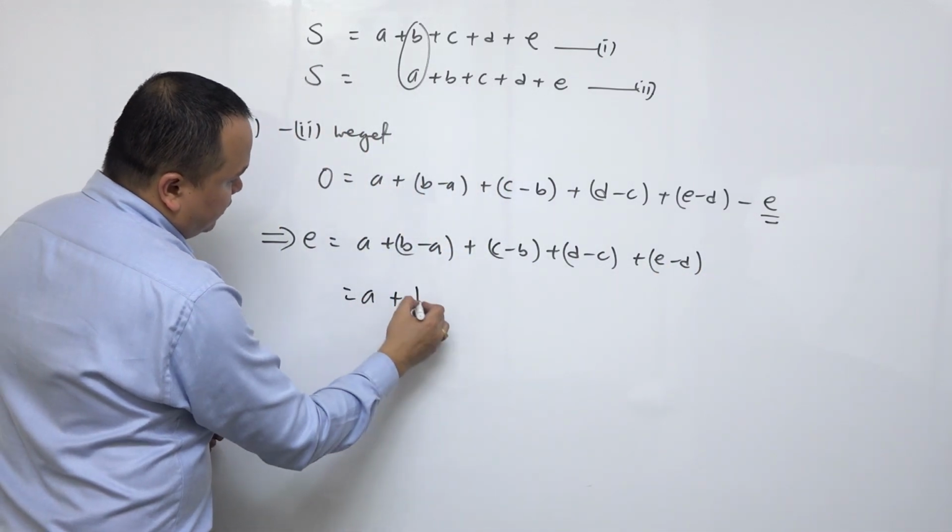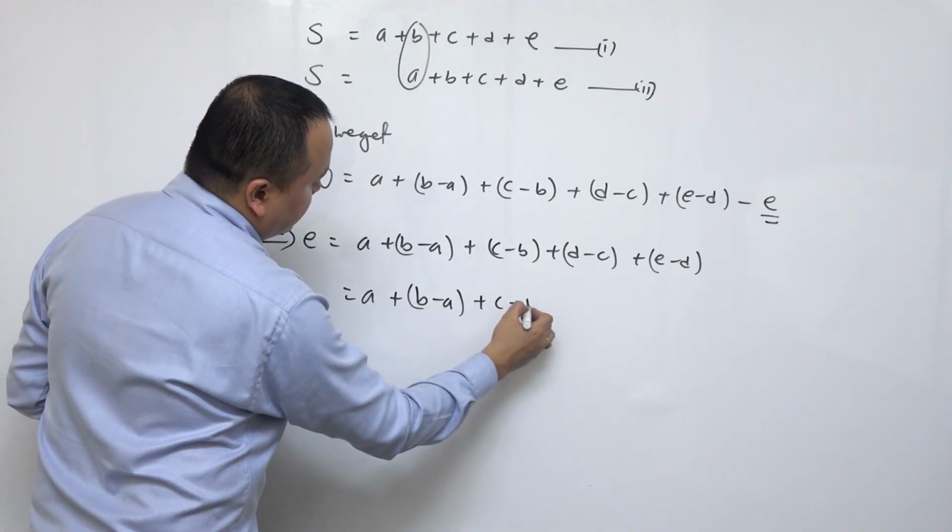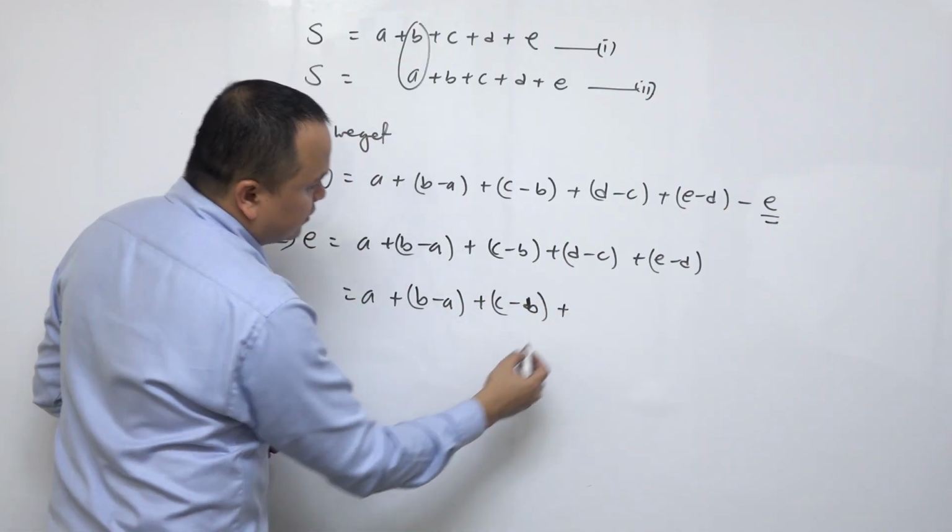Or it can be written as b minus a plus c minus b plus dot dot dot.